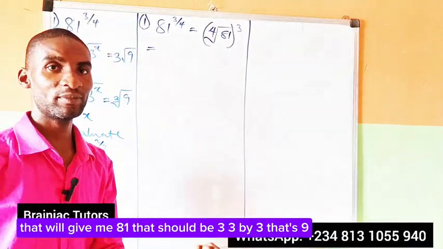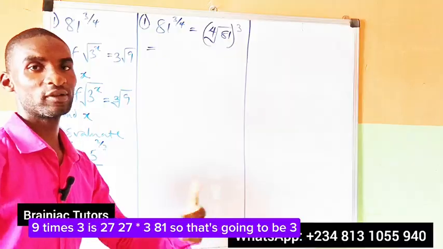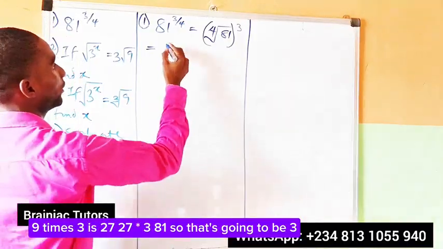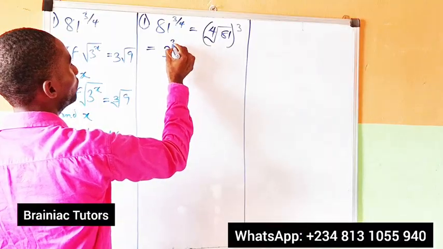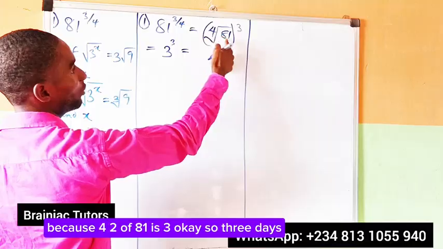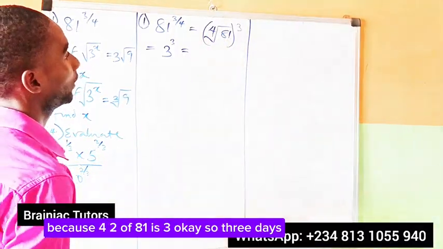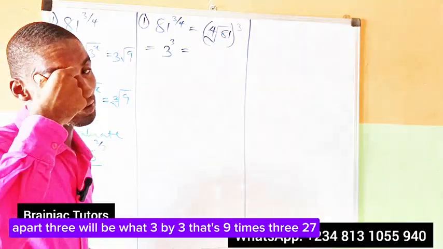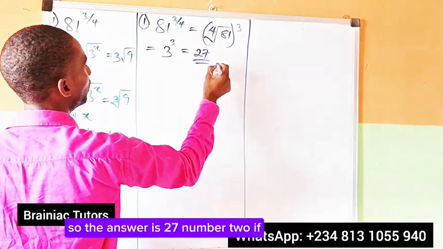That should be 3. 3 by 3, that's 9. 9 times 3 is 27. 27 times 3, 81. So that's going to be 3 raised to power 3, because the 4th root of 81 is 3. Okay? So 3 raised to power 3 will be what? 3 by 3, that's 9, times 3, 27. So the answer is 27.